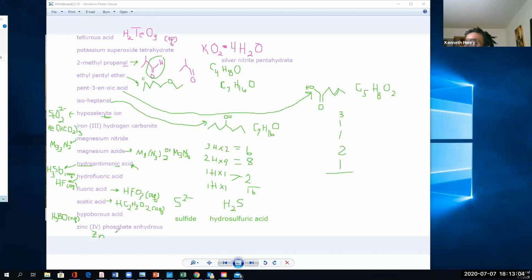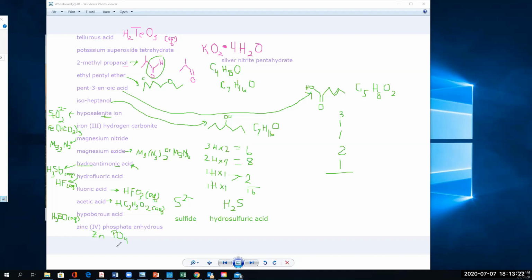ZN, I heard. And what does phosphate look like? PO4. How many phosphates should I have to balance out the zinc, and how many zinc should I have to balance out the phosphate, which is what charge?